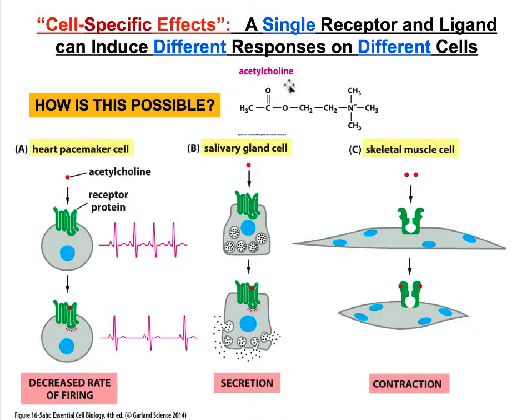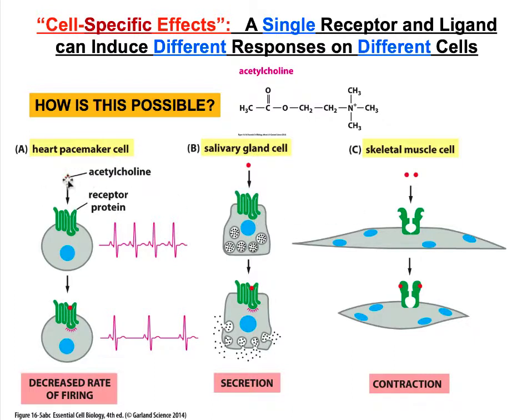Acetylcholine is the signal molecule, and it has impact on many different tissues in the body, but the authors have only selected 3. So we have heart pacemaker cells, we have salivary glands, and we have skeletal muscle. So the same molecule travels around the body and it has these receptors. You can see the receptors are different types, but they all bind the same ligand, acetylcholine.